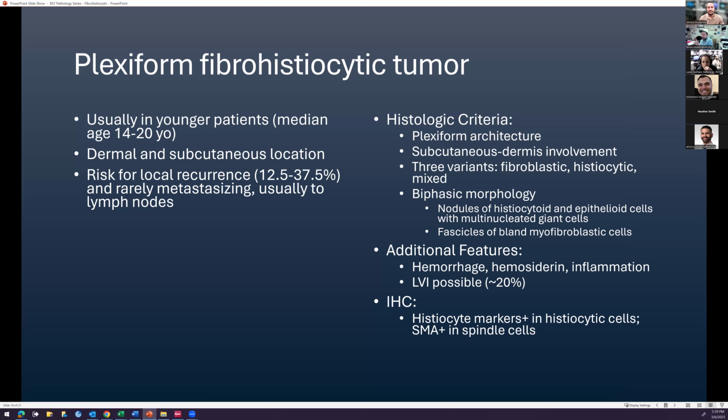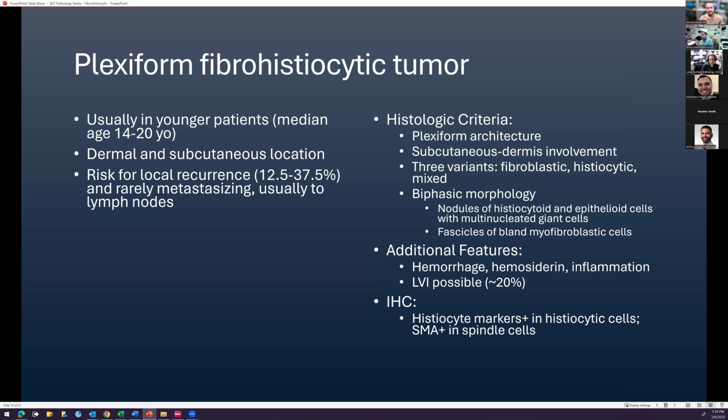Sorry, I said mixed. The one we just looked at is the mixed variant. Sorry. The histiocytic variant tends to be much more just plexiform nodules of histiocytes, right? So anyways, the tumor generally has a biphasic morphology overall, and it's some varying amount of those features.